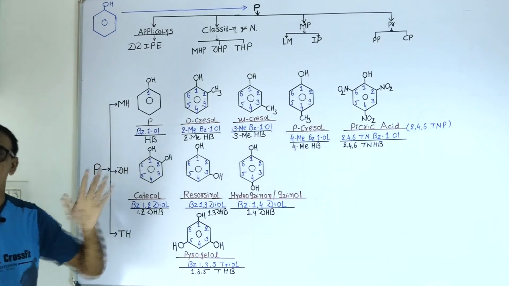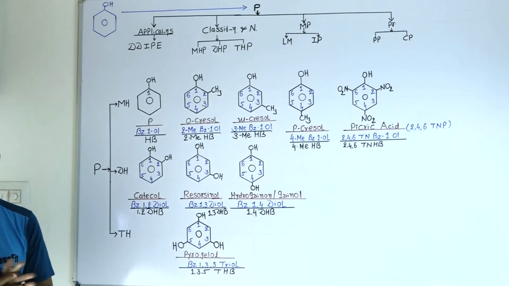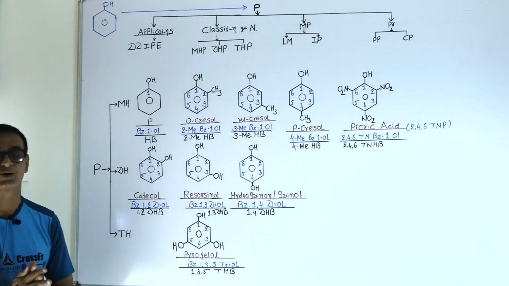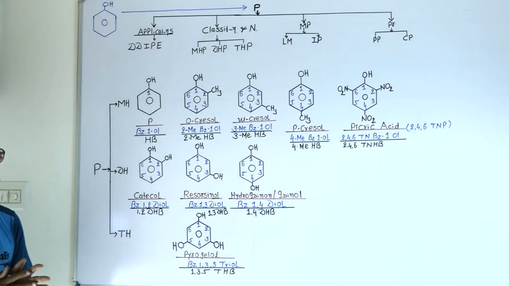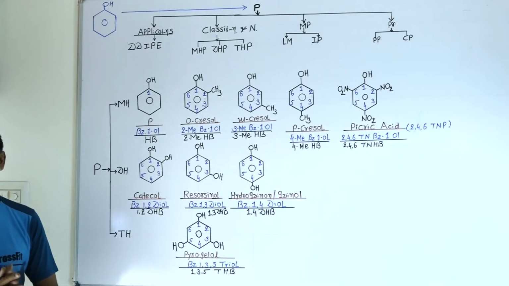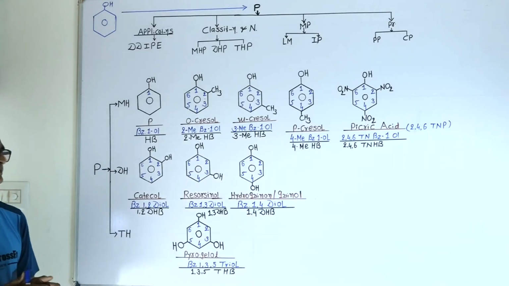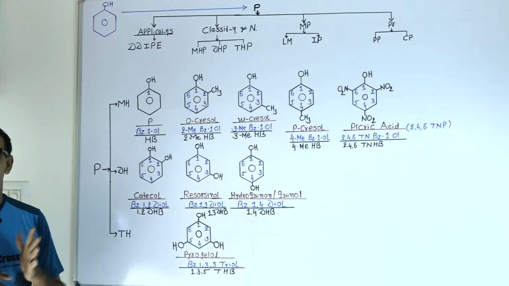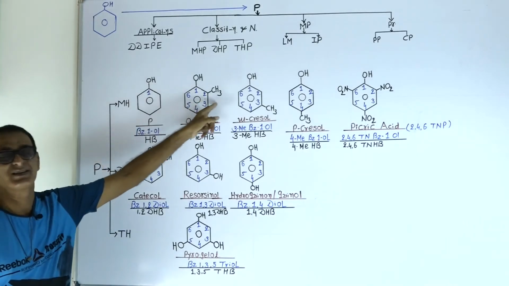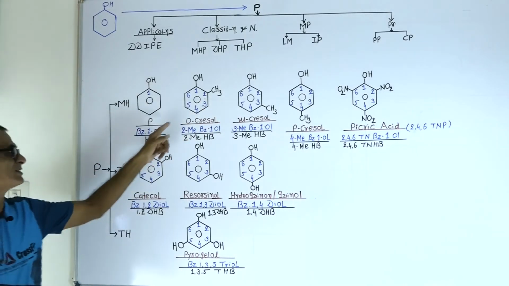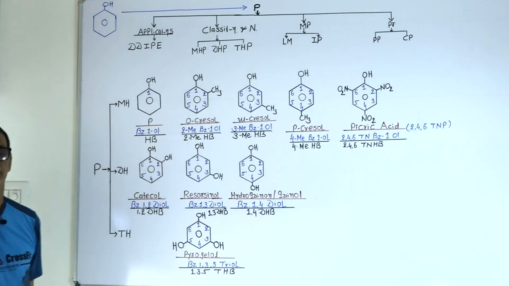If two functional groups are present on the benzene ring, one a hydroxy group and the second a methyl group, the common name of this compound is cresol. If the positions of OH and CH3 are ortho, we say orthocresol.